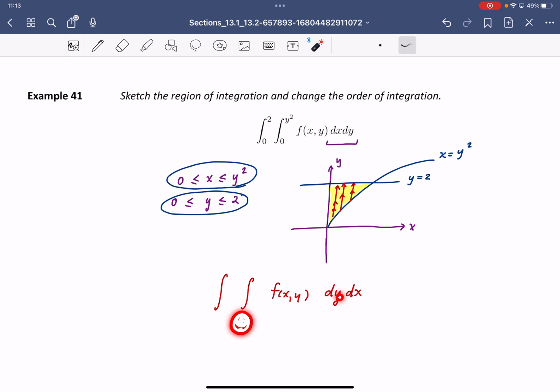You need to rewrite this one, right? x equal to y square. So you simplify a little bit, and you can see it is y equal to square root x. So basically square root x is gonna be your lower bound here. Upper bound is gonna be 2. Does it make sense? 2 is your upper bound, lower bound is square root x, because this is based on the region you have.